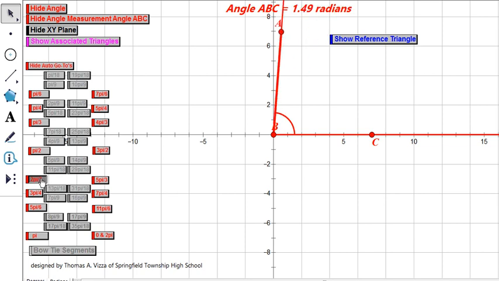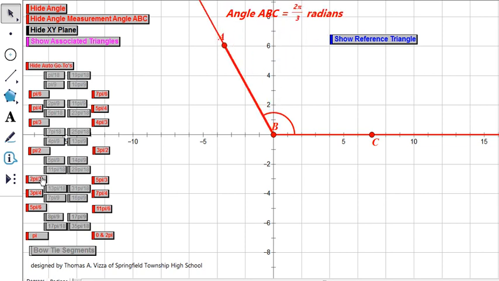Let me go over to 2 pi thirds. Again, we want to see that angle measurement from the x-axis to the terminal side that is smallest. It's obviously not going to be itself because that's an obtuse measure. There's this acute side here that we want to put our focus on.